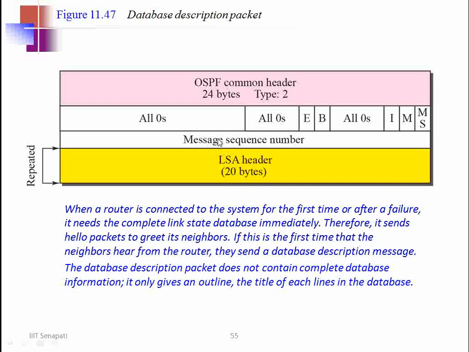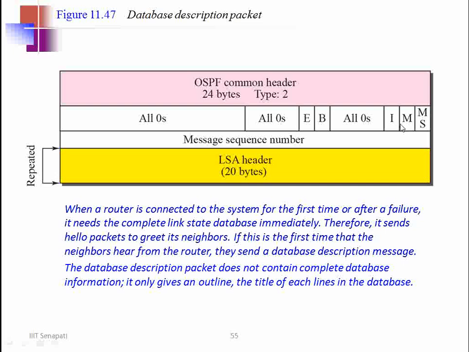If this E bit is set, it is 1, and in that case the advertising router is an autonomous system boundary router. B means area border router. So if it is an area border router, this bit will be set.